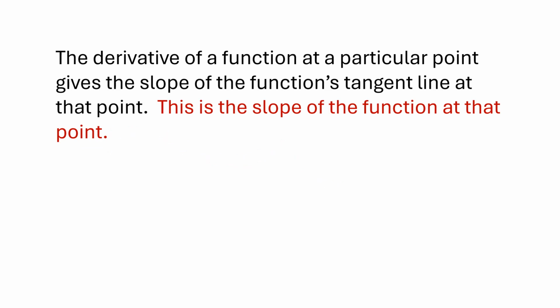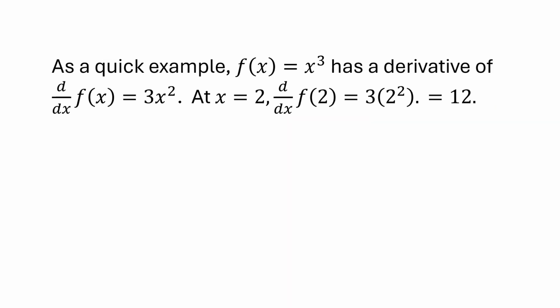The derivative of a function at a particular point gives the slope of the function's tangent line at that point. This is the slope of the function at that point. As a quick example, f of x equals x cubed has a derivative of 3x squared.